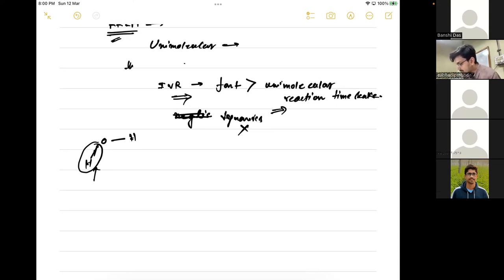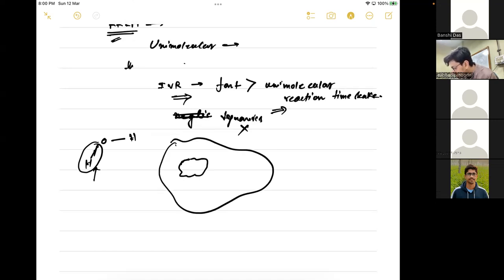My point is that it may be possible that the initial energy may not be randomized immediately. It can get stuck in some selective particular modes. Let's say this is the overall phase space. It can get stuck here, then after some time it can get stuck here.